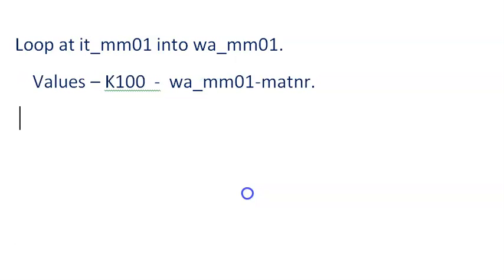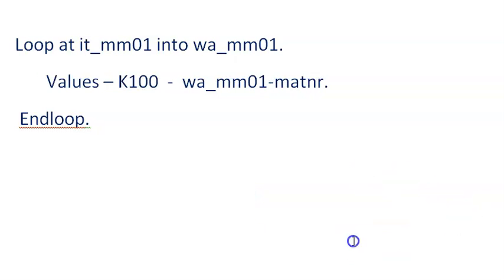Then we have to write the endloop. So everywhere where we see the hard-coded values in the recording, we will change that to the work area value. What will happen is, every time a new record comes into the work area when it comes to the loop, that gets updated here. This is what we'll do.